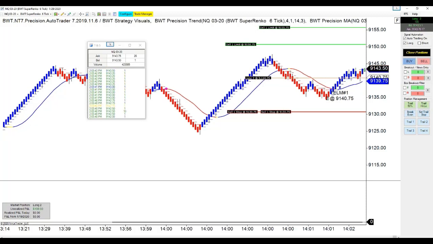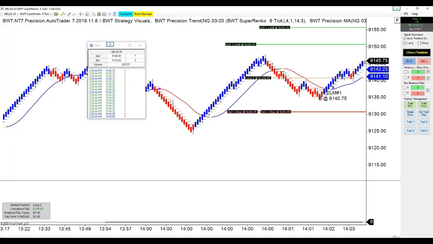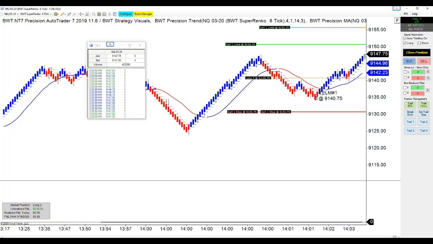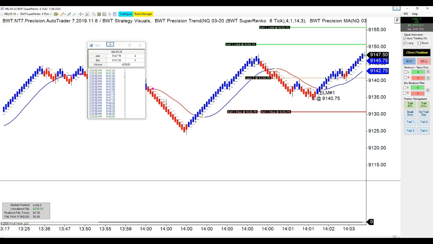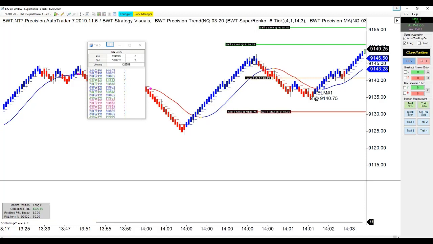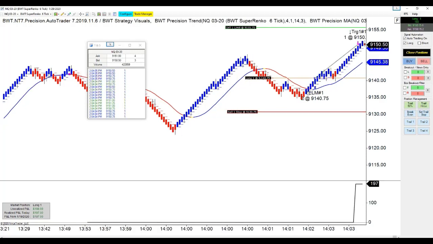I don't even know what the announcement said. I assume there was no change to interest rates because of the really not much of a reaction here. So I assume it was whatever was expected, and I think no change was expected. Then from here, take it all the way to 65 and then to 90. Here we go, target 1.